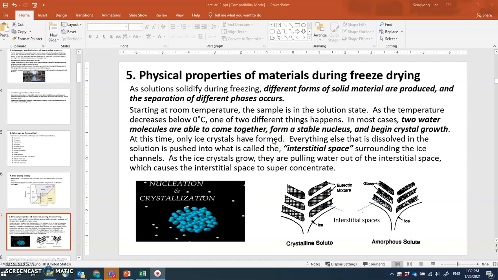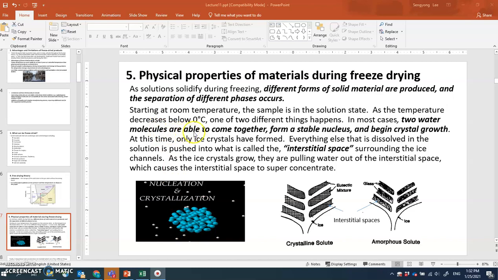So when you freeze your drug, what happens? Your pure water molecules will be crystallized together. We call that nucleation of water and crystallization, meaning water molecules hold together among themselves as pure water. Water molecules getting together is nucleation, and crystallization is when they get frozen.